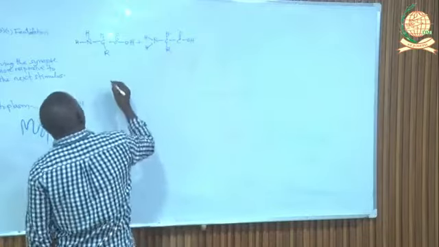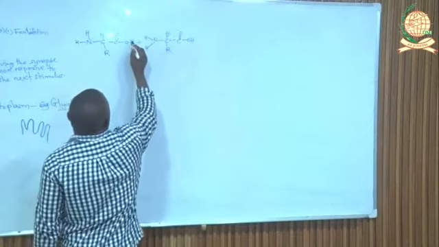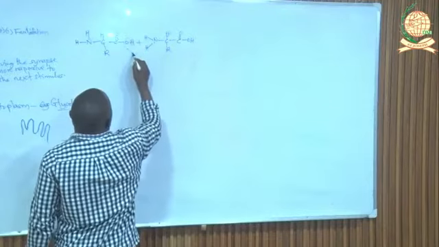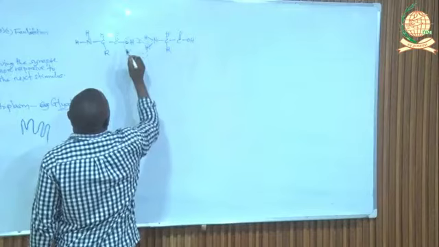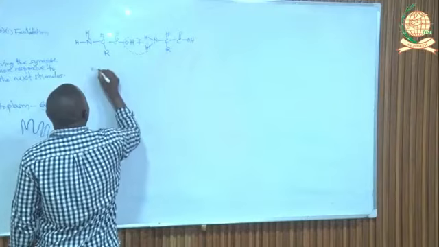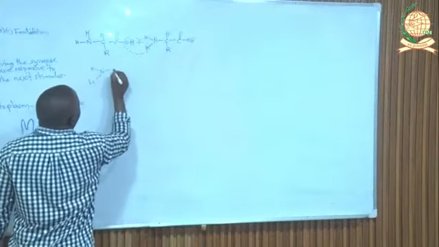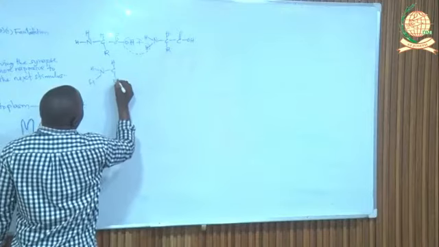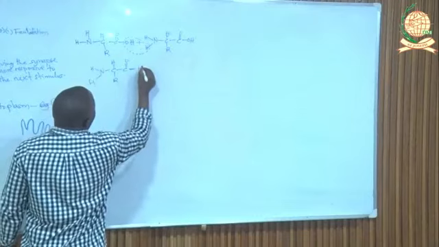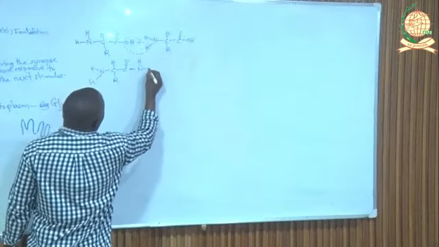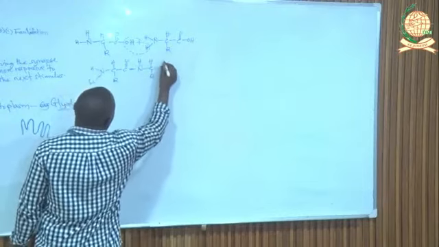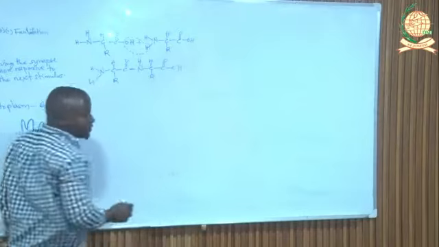So it forms nitrogen with hydrogen bonded to this, with R, the carboxylic group, here like this.